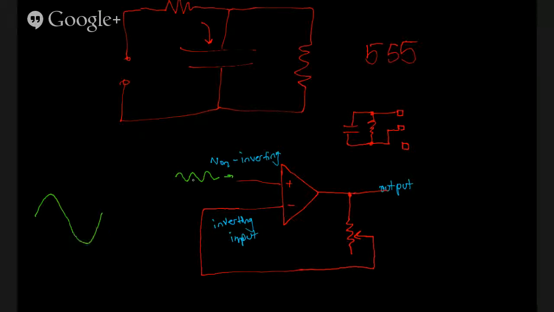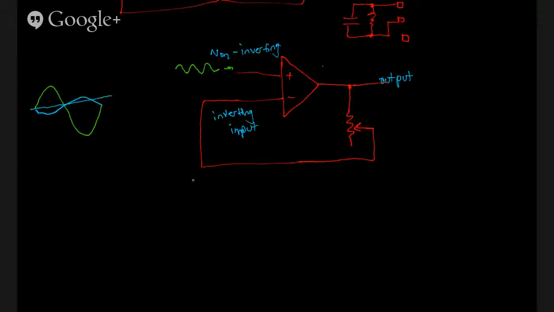And if we fed back some of that output negatively, because the op-amp inverts it, then you'd end up with a lower amplitude output. These are very important in advanced electronics. They pop up everywhere.